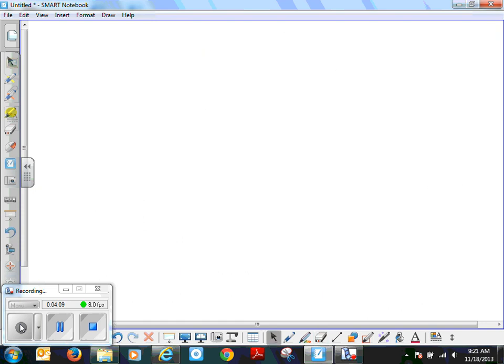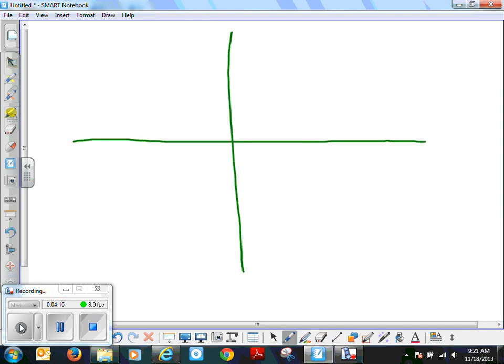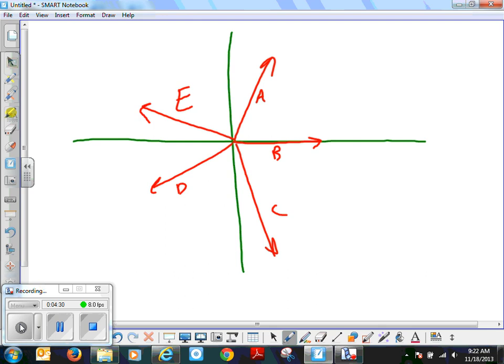So what if we have an XY coordinate system, and it has some vectors here. We'll call this A, we'll call this B, we'll call this C, and D, and E. So how many of these vectors have Y components? 4, right?